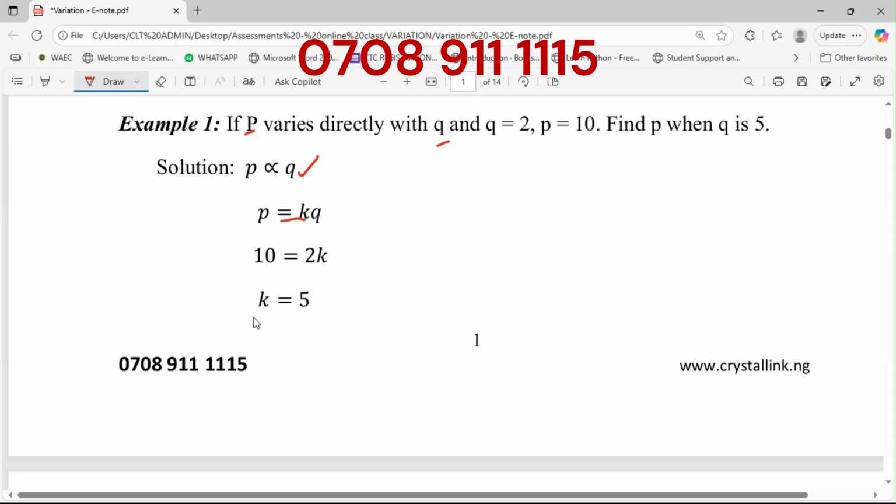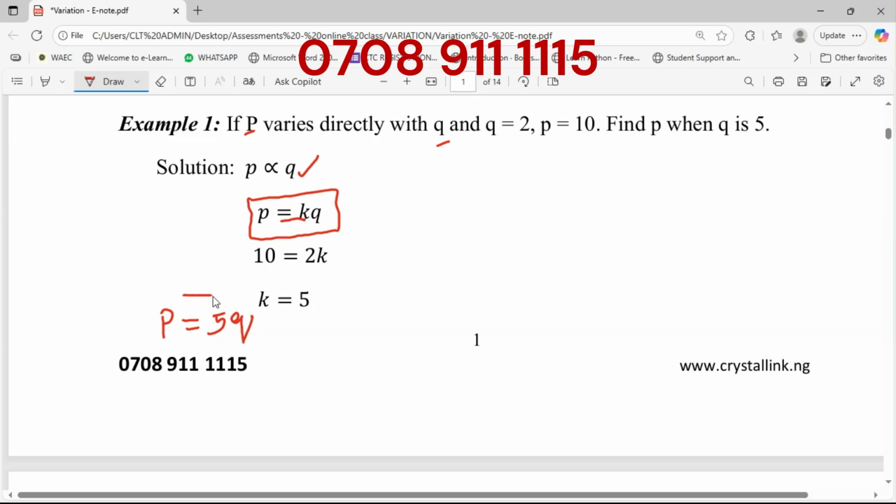So after getting K, what do you do next? You take this value of K and put it back inside the original equation, the first equation you got from the statement. Since I got K to be equal to 5, my equation of relation now will be P equals, in place of K, I'll put 5, so P equals 5Q.